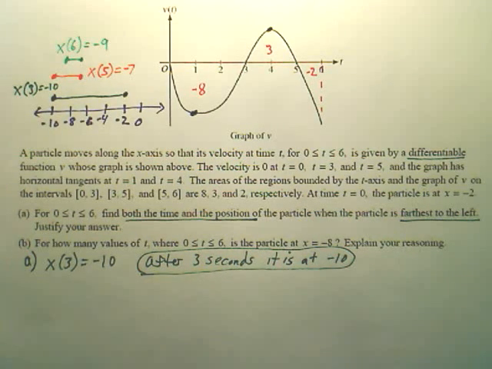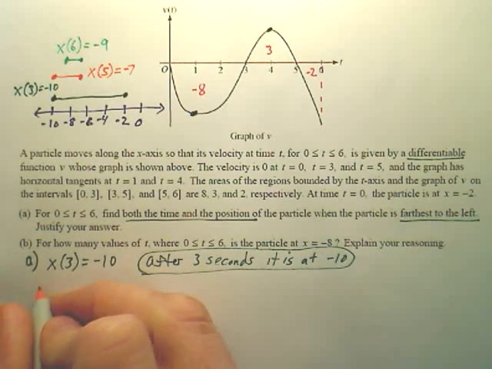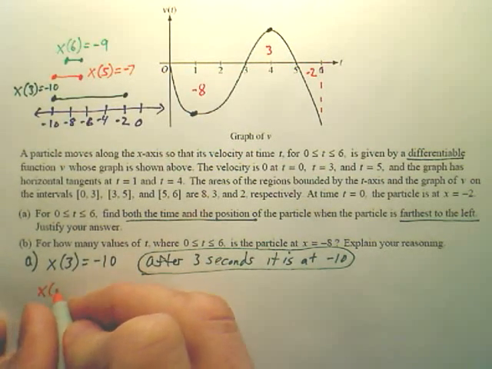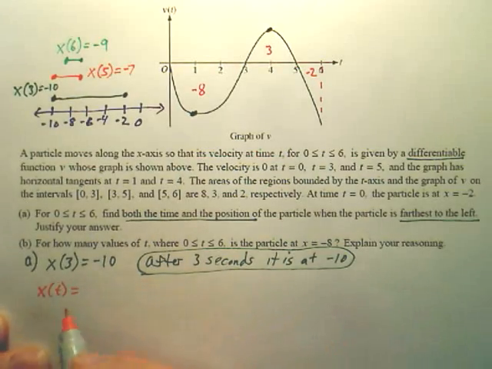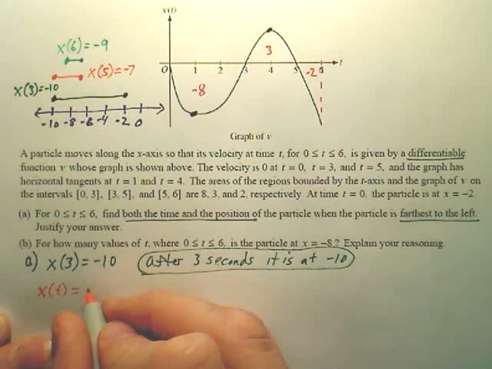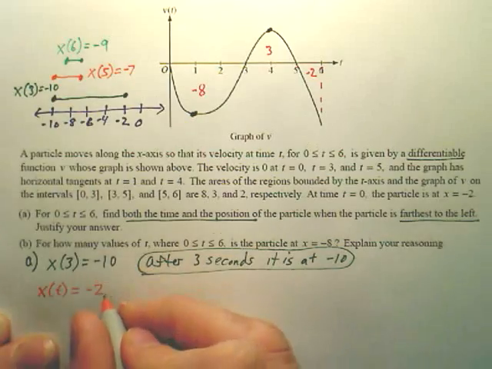Now, how would I justify that otherwise? There are different ways to justify that, and you could actually find the values if you would do the integrals. Like you could set up x of t is equal to, are we starting at -2?